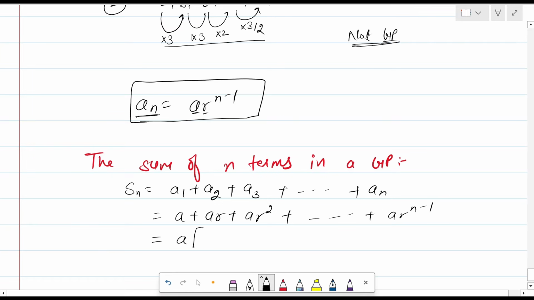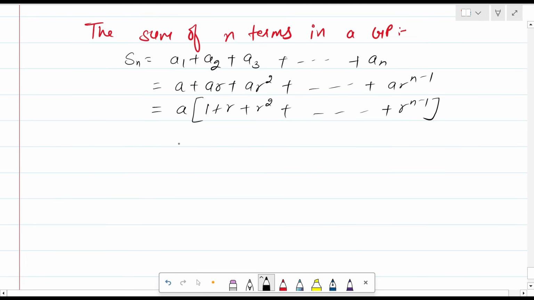So clearly if I'm taking the common a, then what it will be? A into 1 plus r plus r square plus r raised to the power n minus 1. It is a, and what it will be? r raised to the power n minus 1 upon r minus 1.